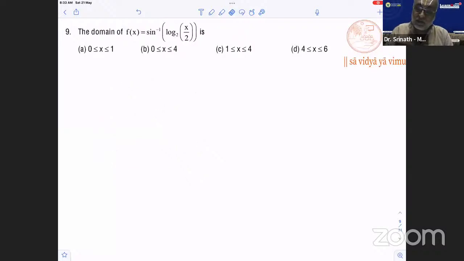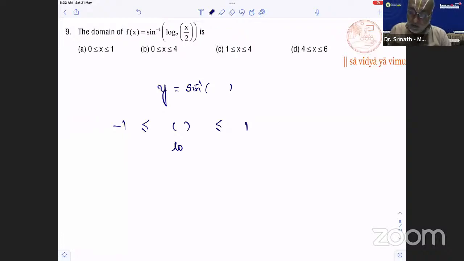See, it's a known fact that if you have y is equal to sine inverse of something, this something should lie between -1 and +1. What is that something now?